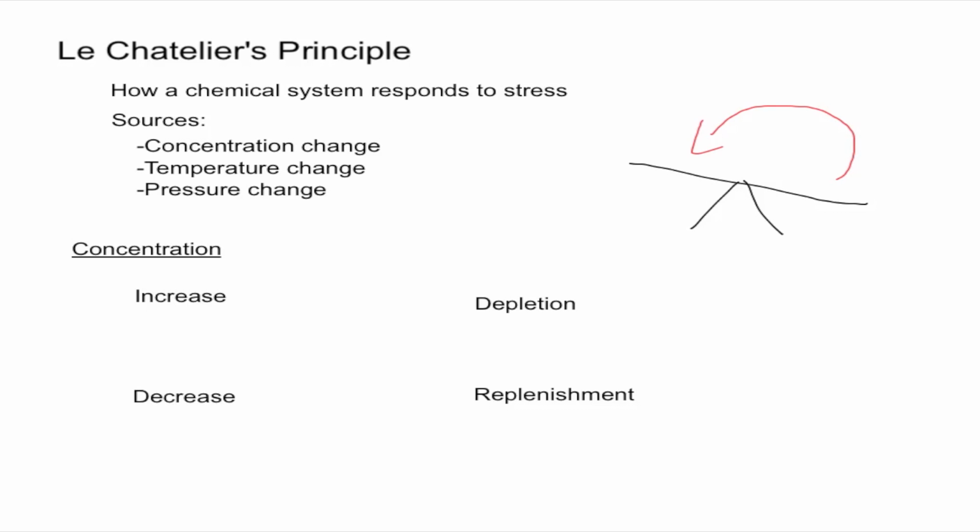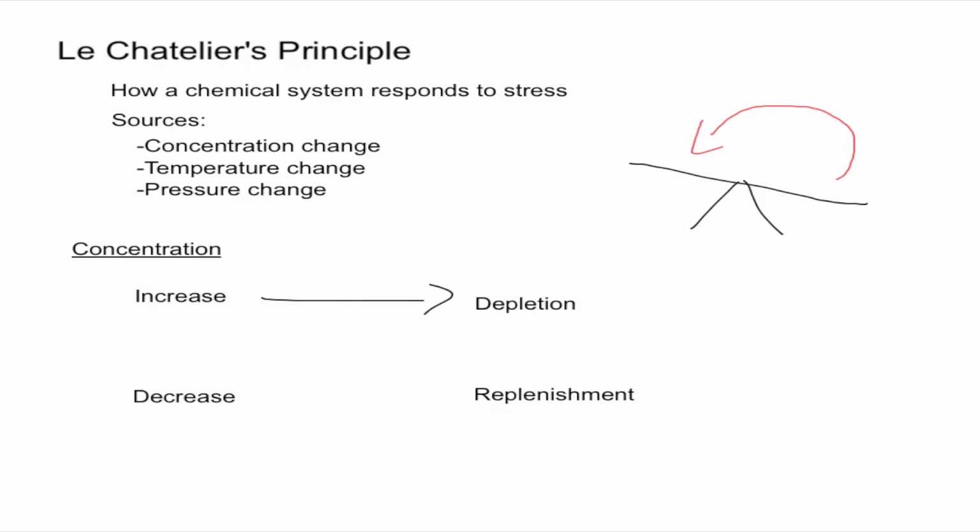So let's start with concentration. First, if you have an increase in concentration, that is going to lead to the opposite shift, making the excess get depleted. So always remember that what is going to happen to reach equilibrium is the opposite of what you did.